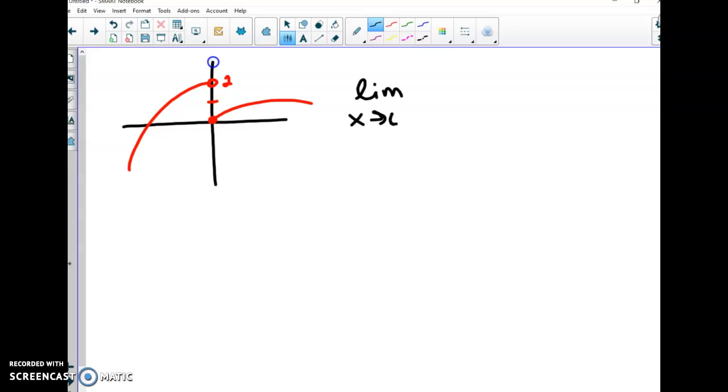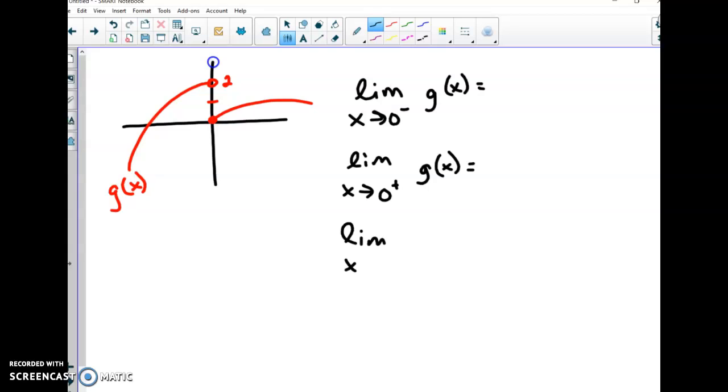So we're going to look for a couple different things here. I want to find the limit as we're approaching from the left, the limit as we're approaching from the right, the actual limit without direction, and what is g of 0. So we have a lot of different things going on there.